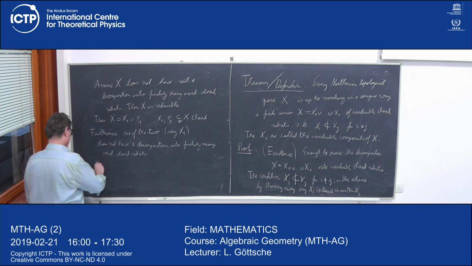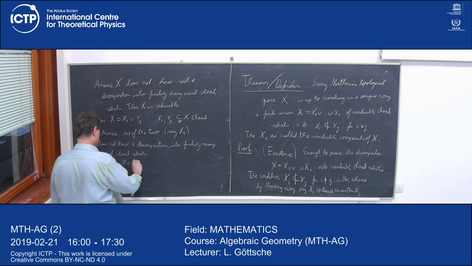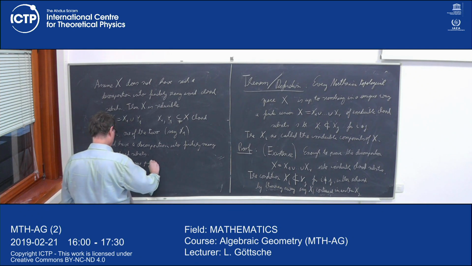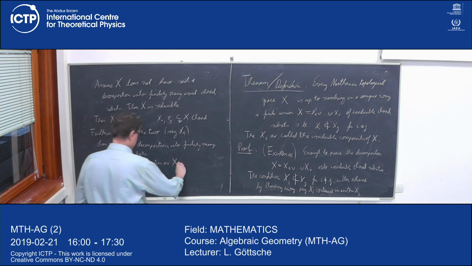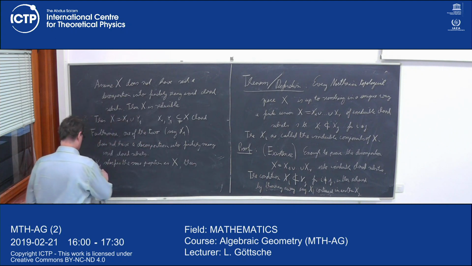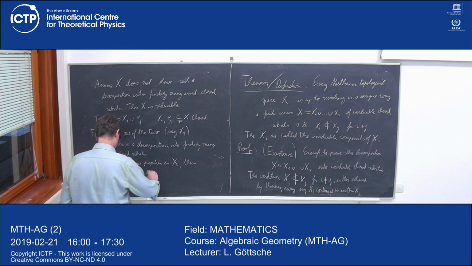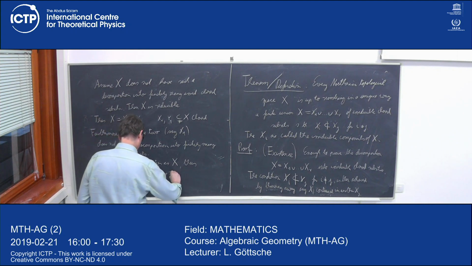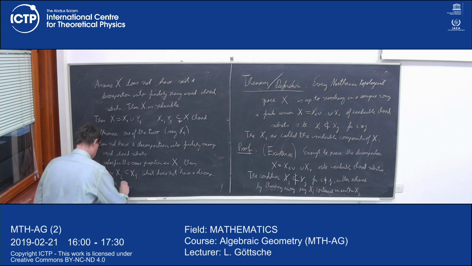So X1 satisfies the same properties as X, so thus there is X2 in X1 which does not have a decomposition into finitely many irreducible closed subsets.